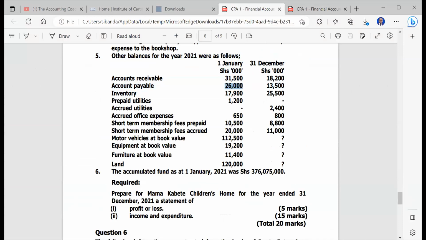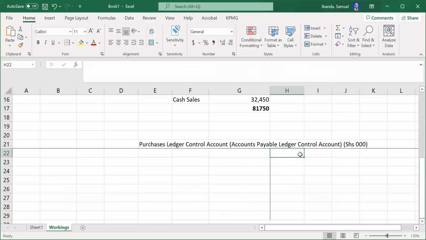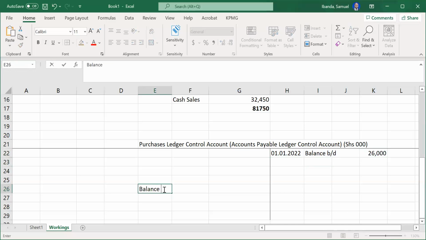So I'll just come here and say, this is 1st January 2022, balance brought down is that value. And I'll now record my balance carried down. I usually record it down because that's how we balance off accounts.